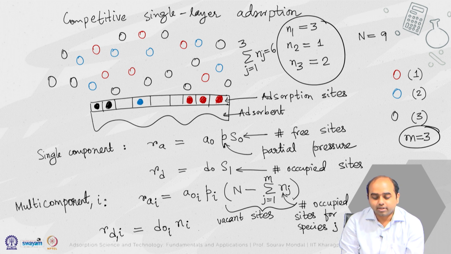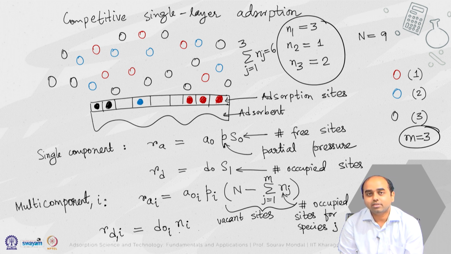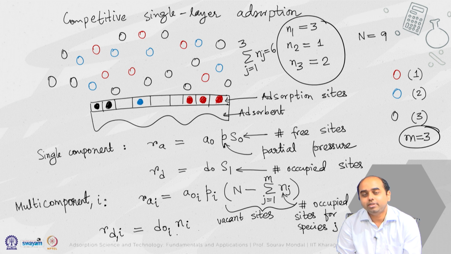In the case of the desorption rate, it is n_i, because the number of occupied sites by that particular species will affect the rate of desorption for that species. We tried to emphasize that the number of occupied sites by a particular species will affect its desorption rate.